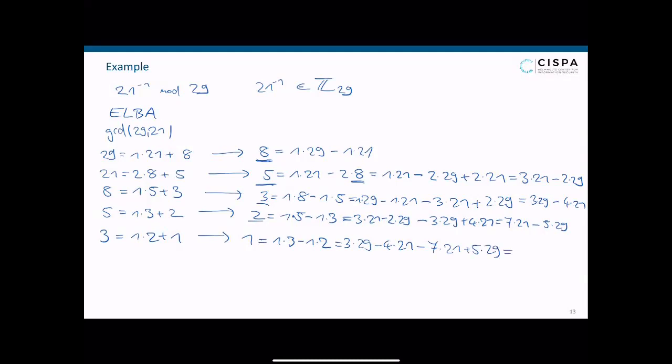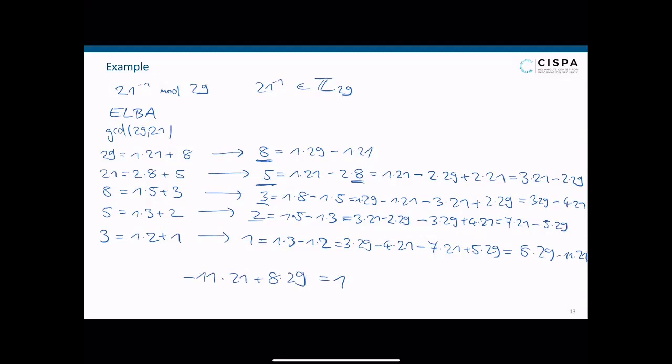So that makes altogether, where are we? 3 times 29, 8 times 29. Good. We have 8 times 29 minus 11 times 21. And there we go. We have minus 11 times 21 plus 8 times 29 equals 1.